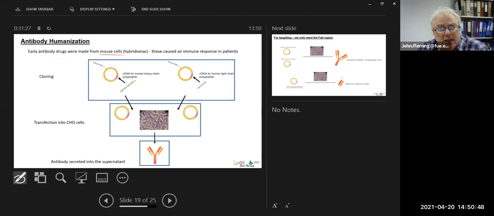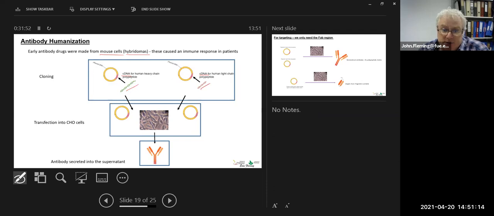Rather than using mouse B cells to produce mouse monoclonal antibodies, or even mouse hybridoma cells, what the companies now do is they take the cDNA that codes for a heavy chain of an antibody and the cDNA that codes for a light chain of an antibody.